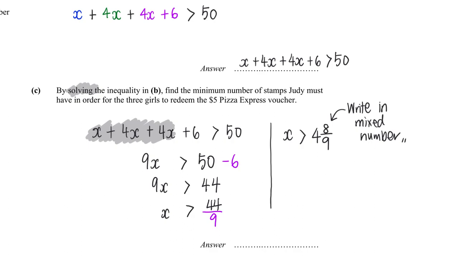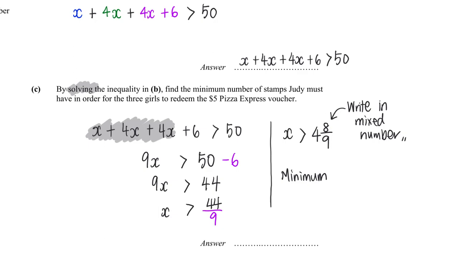And therefore, from here, I would gather that the minimum number of stamps for Judy, which happens to be my x. Judy is x, right? Would then be x must be bigger than 4, 8 over 9.